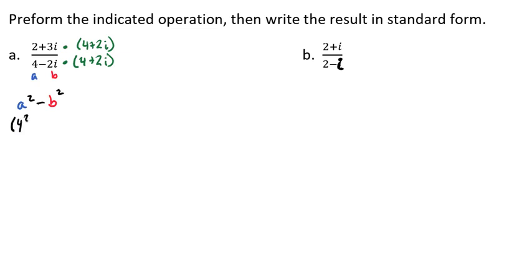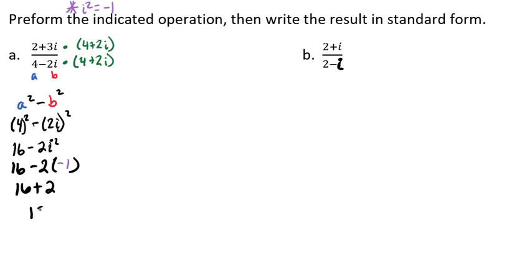So we're going to have 4 squared minus 2i squared, so 16 minus 2i squared. And then we need to remember that when we see an i squared, it's actually worth a -1. So here we have 16 minus 2 times -1, or 16 plus 2, which is 18. So here our denominator is going to be an 18.